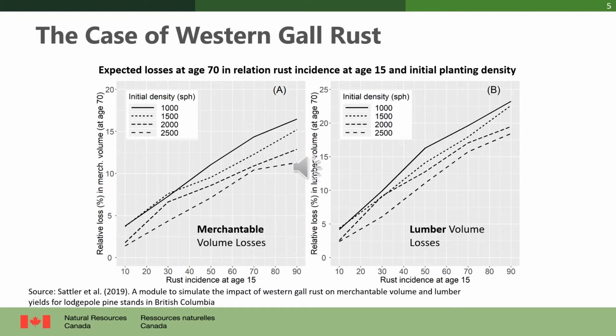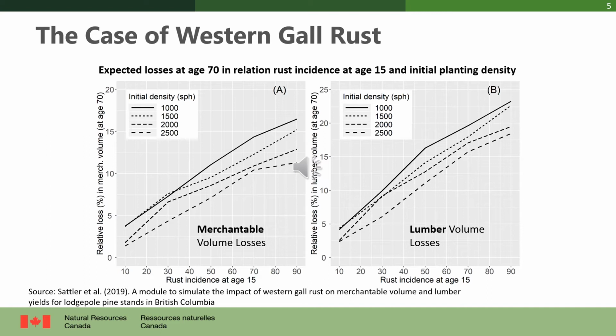The losses are relative to an equivalent stand that has not been infected. What becomes clear from this figure on the left is that one can minimize their relative losses by planting at a higher initial planting density. And one could use this as a tool to plan planting densities in areas where Western gall rust is of concern.